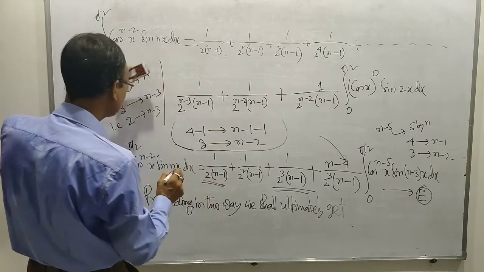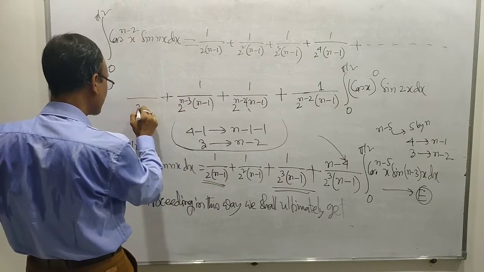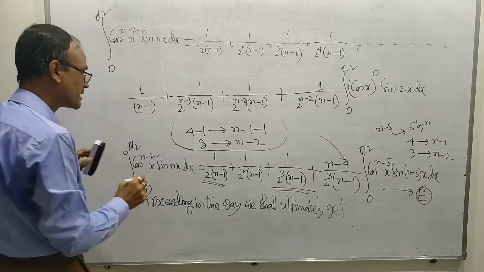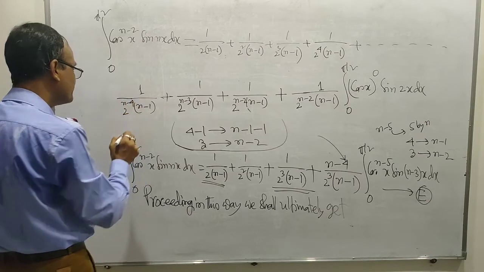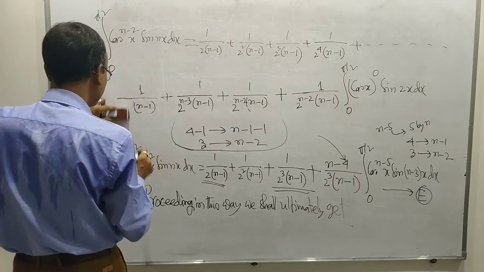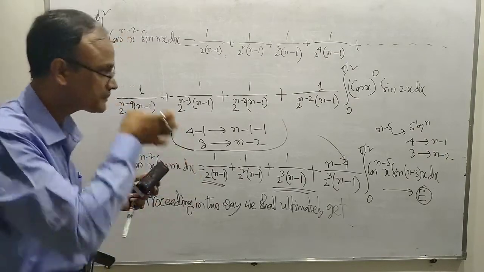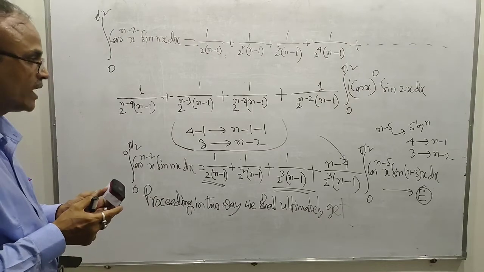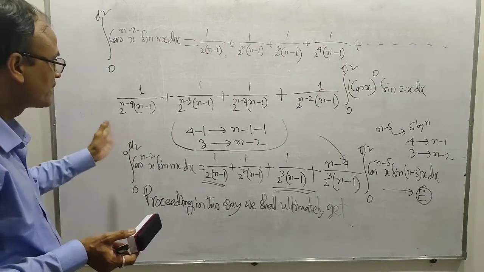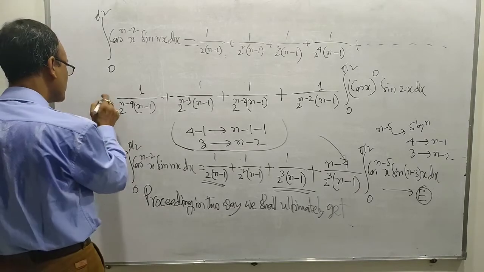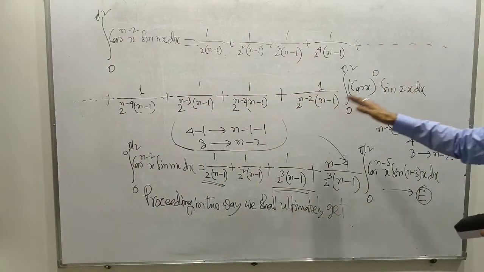Now this term: plus 1 by n minus 1, numerator 1, 2 to the power 1 should be replaced by n minus 4. Plus dot. We have written all terms here.